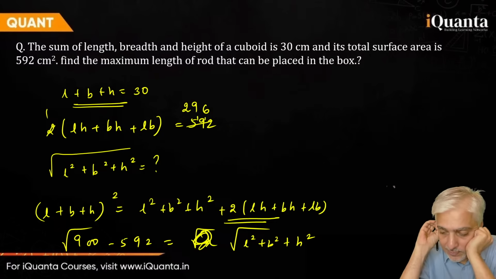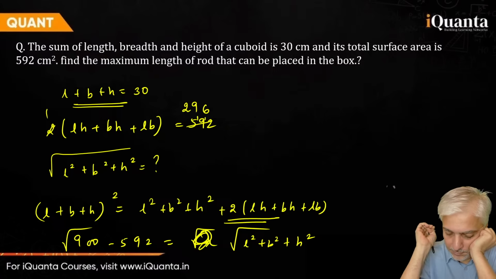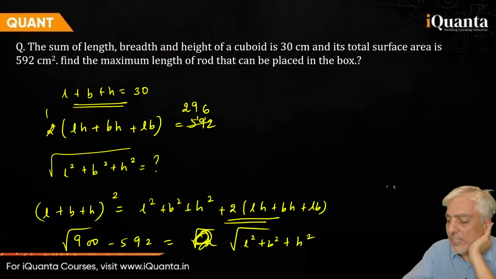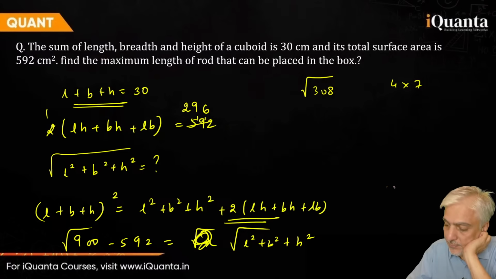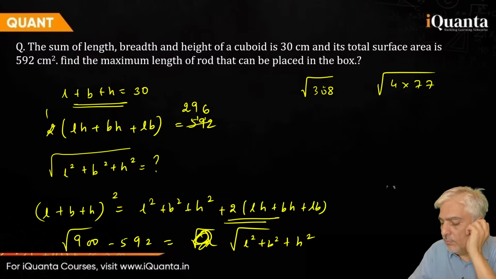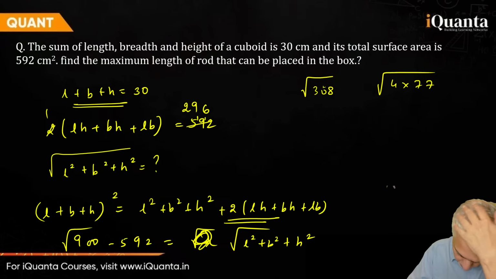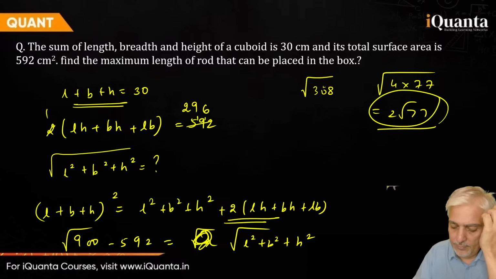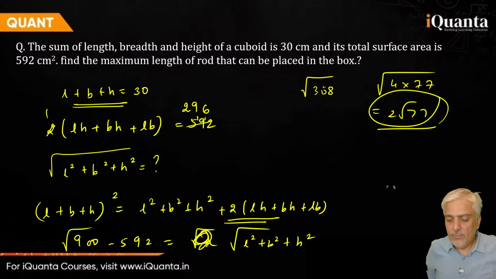How much is it coming out to be? Difference is 308. So square root of 308. 4 sevens are 28. Two root 77, or approximately in decimals, depends on how it is given.